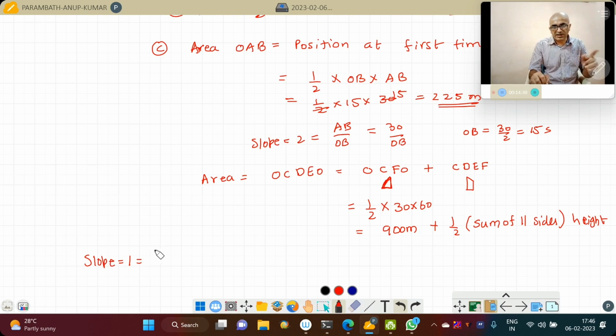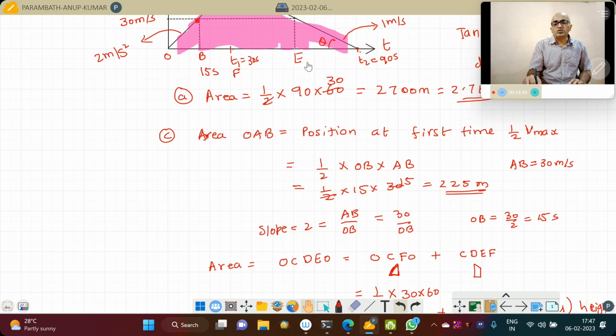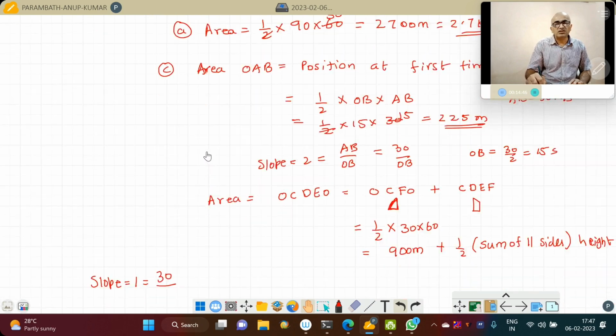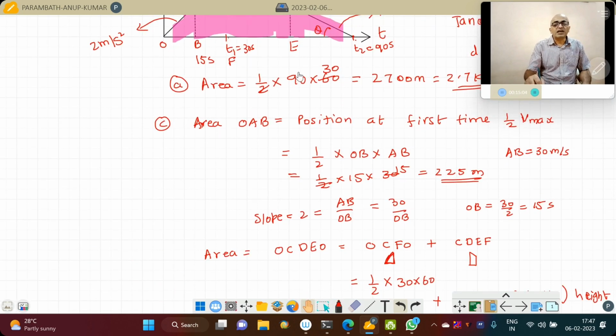That is equal to vertical height, that is 30, divided by the bottommost position, base E to T2. So E to T2 will be 30 seconds.